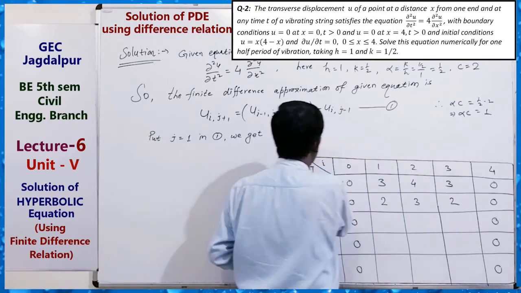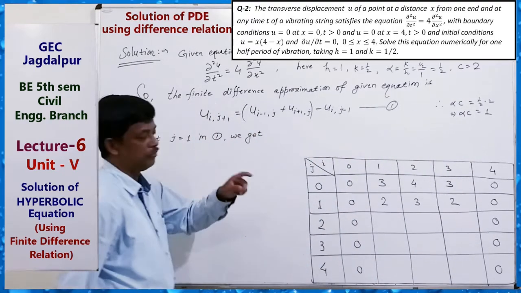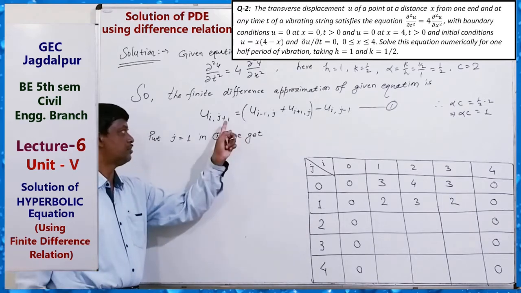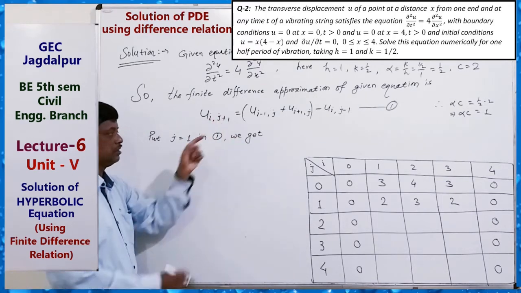Second row entries are given by this formula. Now for getting 2, in place of here, j equals 1 is here, put 1.